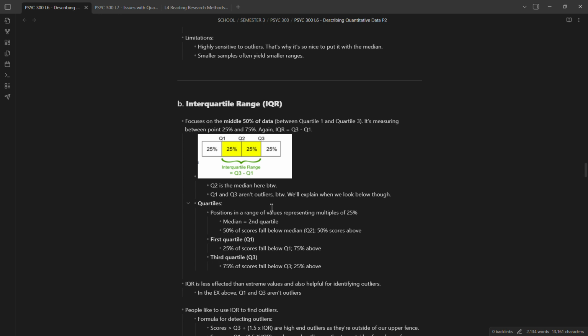The IQR formula is Q3 minus Q1. If you look at the screen, you'll see this little example here. We split a representation of 100% of our data into 4 parts: 25, 25, 25, 25. This is split by 3 different quartiles, with quartile 2 being the median.